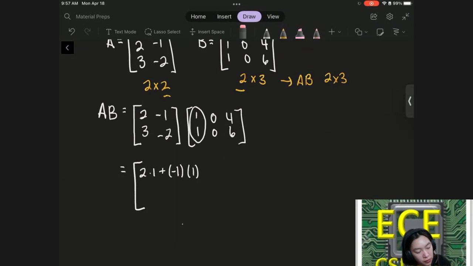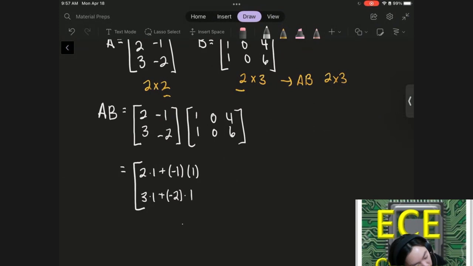And you'll do this for the other entries of AB. And so now I'm going to do the second row of A, first column of B. That's 3 times 1 plus minus 2 times 1.